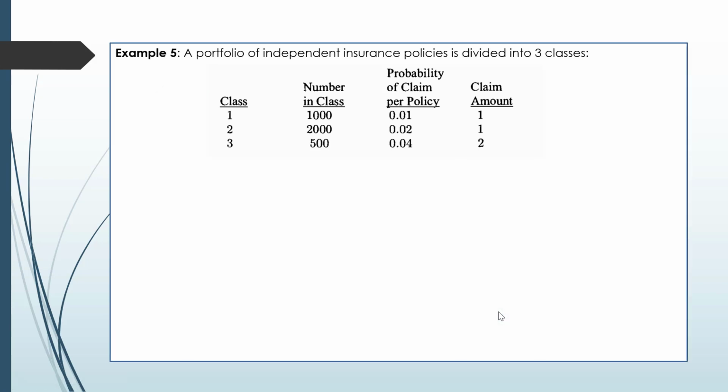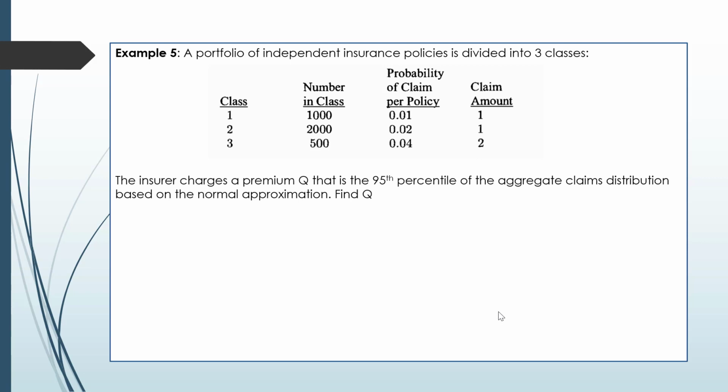Example 5. A portfolio of independent insurance policies is divided into 3 classes, and the insurer charges a premium Q that is the 95 percentile of the aggregate claims distribution based on the normal approximation. So here we are given aggregate claims including 3 classes, and in each class we have a number of policies.